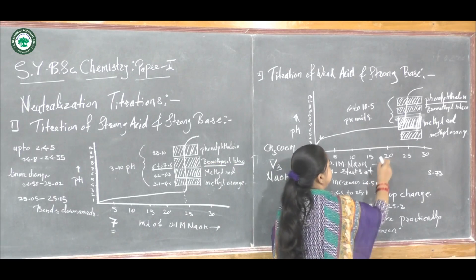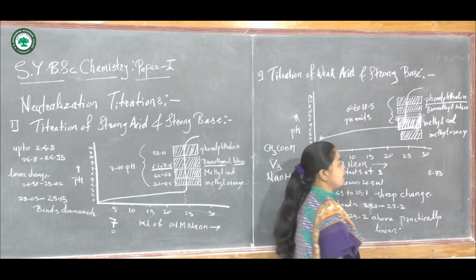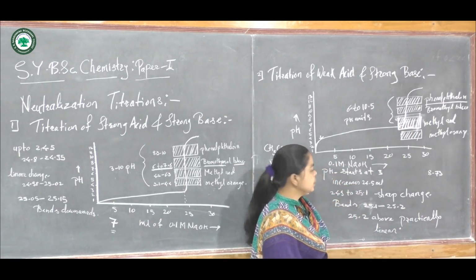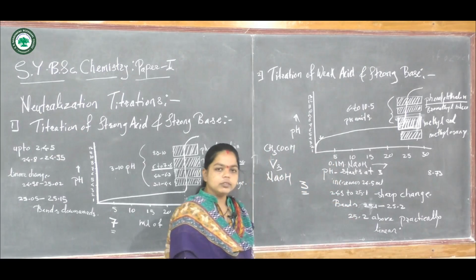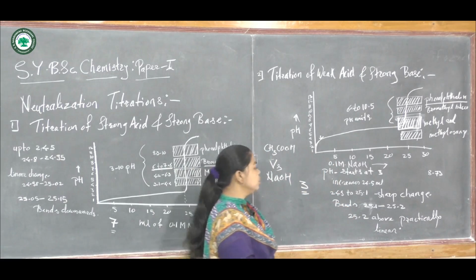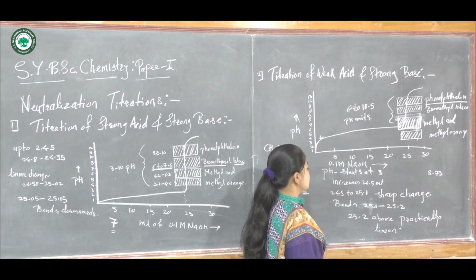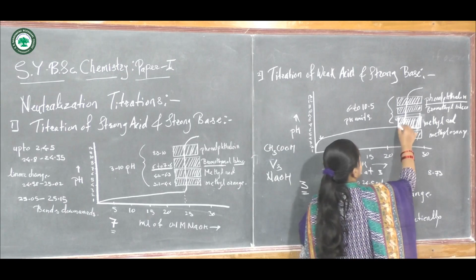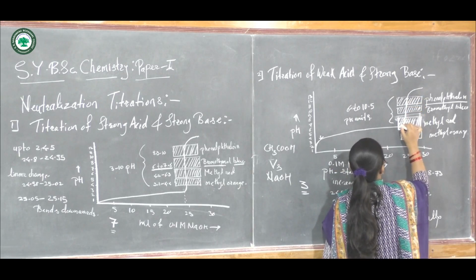So from 20 up to 24.5 ml there is not much change in the pH value, it is completely linear, and after 24.5, that is 24.9 to 25.1, a sharp change is observed in this graph.